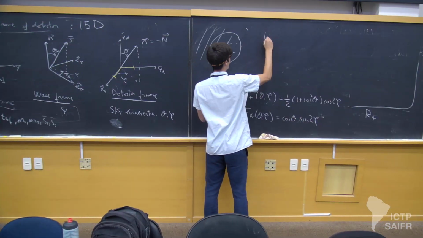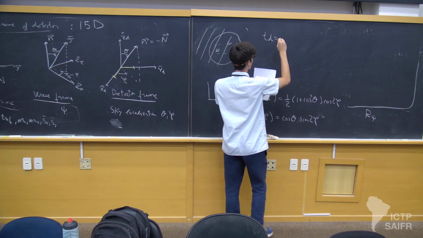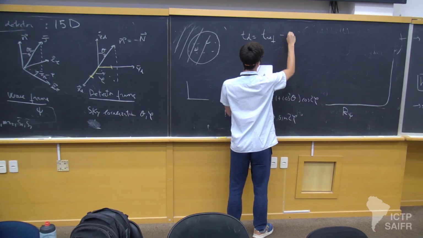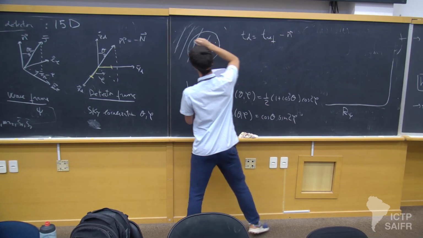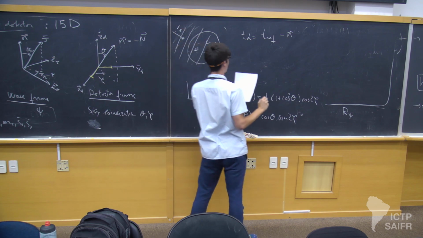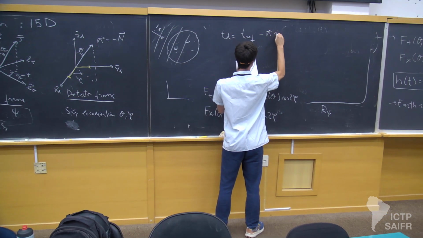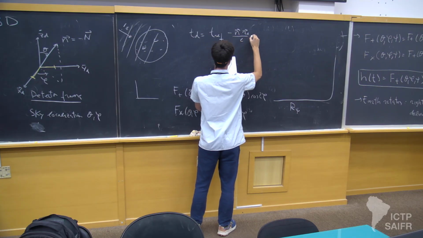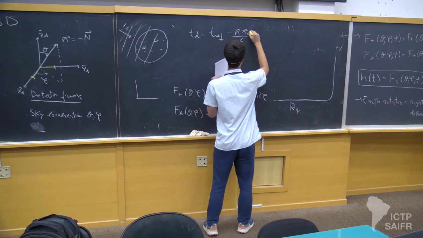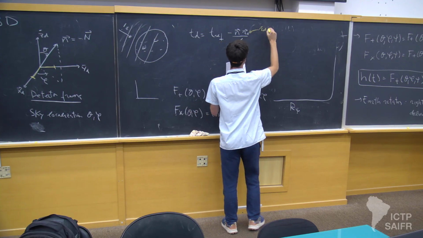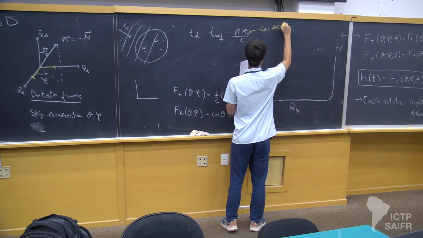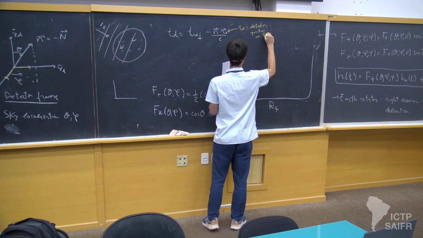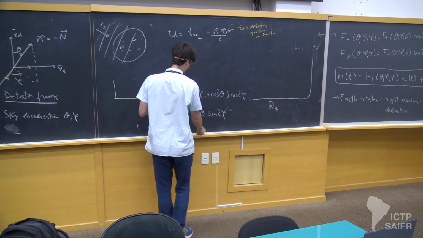We know that the arrival time at each detector is given by some reference time minus the direction of the wave times, as a vector product, the position of the detector. So this R_D is the detector position on Earth, which is fixed, of course. So we know where our detectors are.